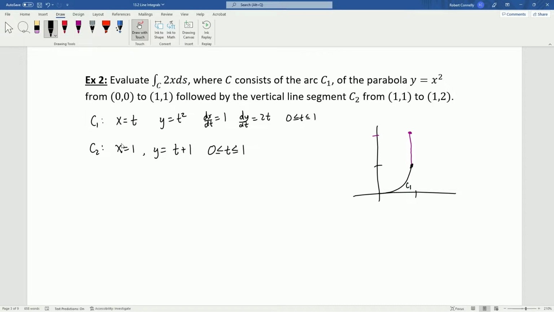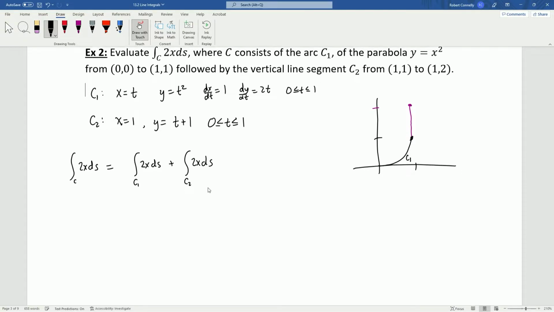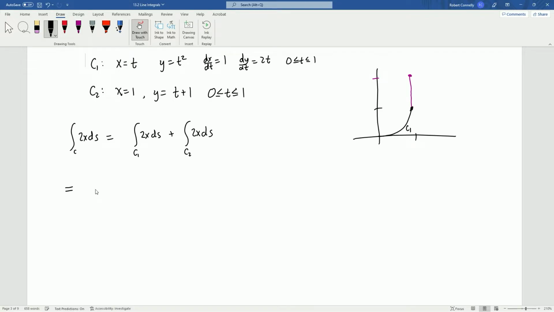Okay, so now, if we want to integrate over C, the key thing is we have to realize that we're starting on one path, and then we have to integrate along the other. So we actually have to integrate the sum of each path here. Now for our second curve, we just need to add in here that dx/dt is 0 and dy/dt is 1.